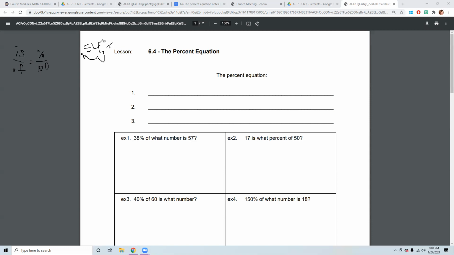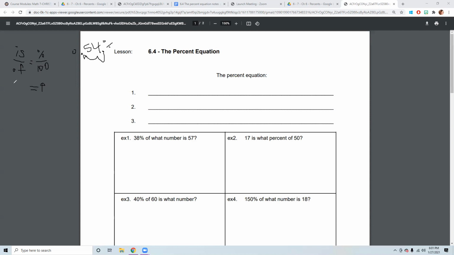And that's going to leave us with 0.54. And so our first step to getting the percent equation from this proportion is actually taking these two numbers and dividing them. So the percent that you're given has to be changed into a decimal for this to work. And so I'm just going to call that P. And so whenever we take the percentage divided by 100, that's going to be our P.